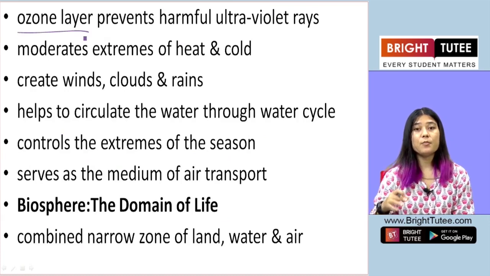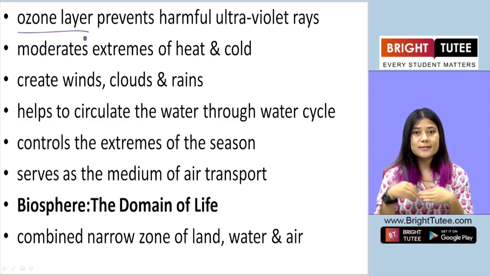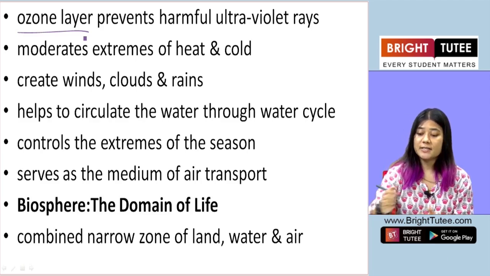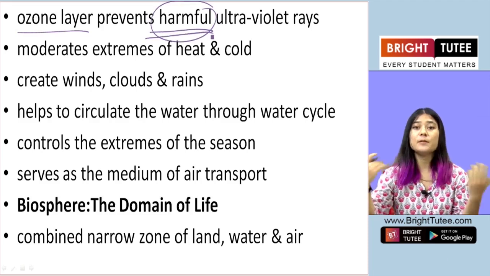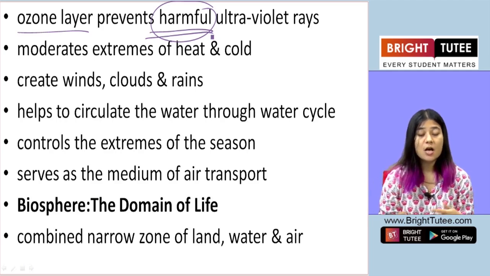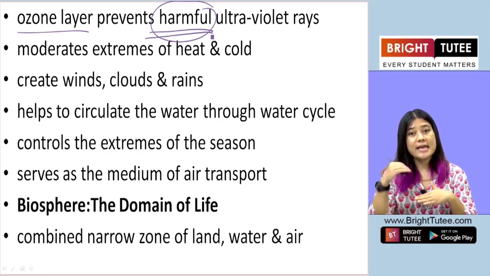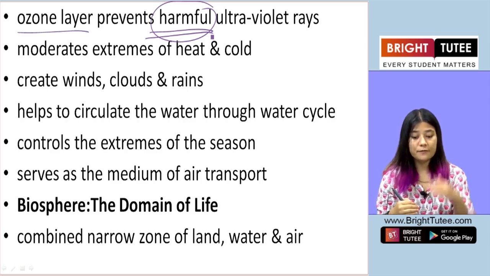It is very important because it prevents ultraviolet rays from entering the Earth's surface. These ultraviolet rays are extremely harmful for us, for the planet, for the animals, plants, etc. So the ozone layer prevents the entry of the ultraviolet rays into the Earth's surface.